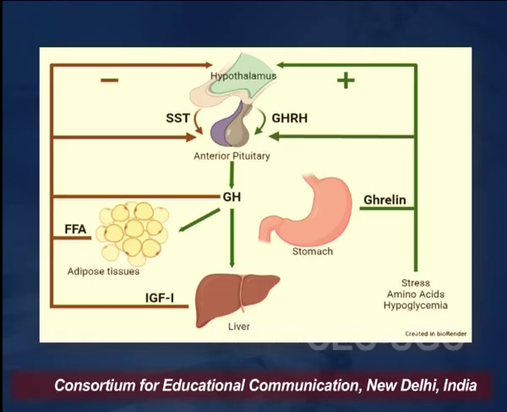Now, this creates a situation of hypoglycemia. In addition, when the hypoglycemia is there, the stomach is also going to release a hormone that signals hunger, and therefore it will influence the release of more growth hormone, because the metabolism needs to take place.